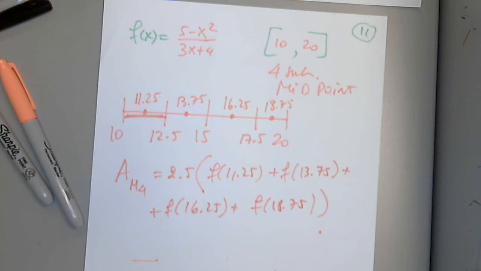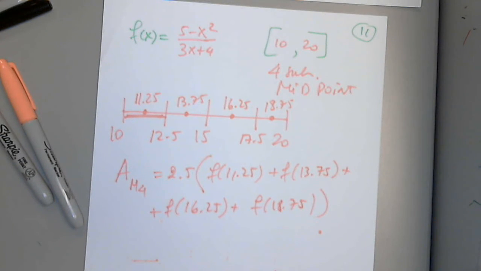Okay, so we go to the calculator. What do I put in list L1? 11.25. Right, but don't forget to go in and clear list L1, clear list L2.